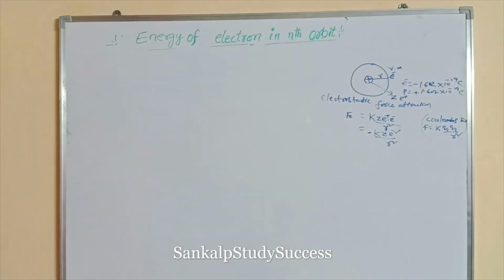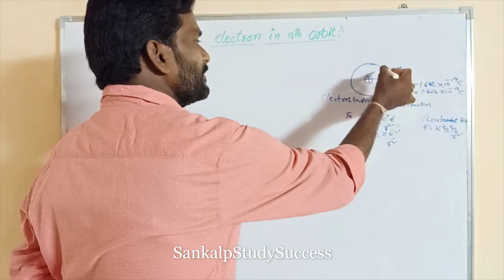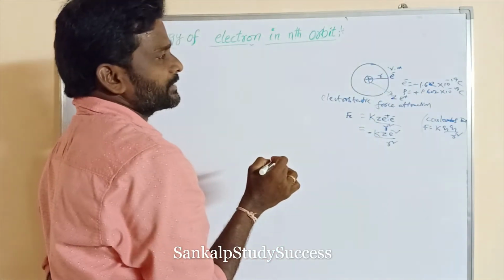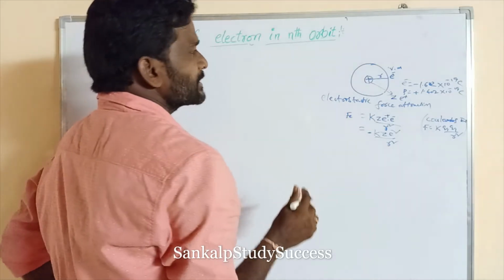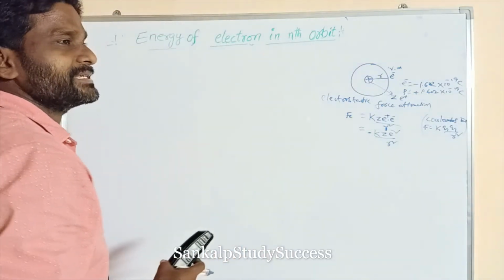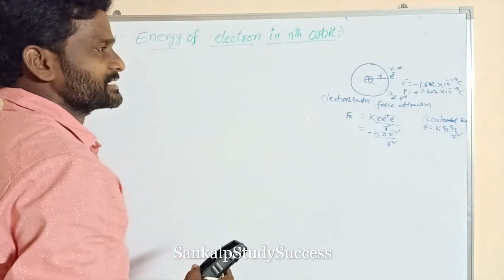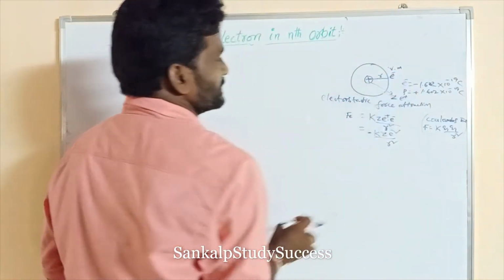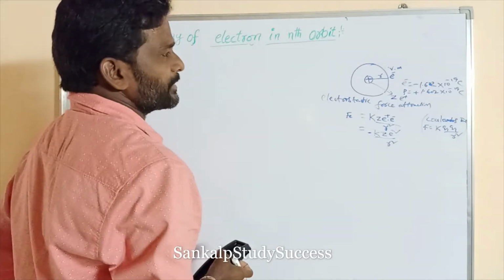Now the total energy of the revolving electron is equal to the sum of kinetic energy and potential energy. So the electron has two types of energy, kinetic energy and potential energy.